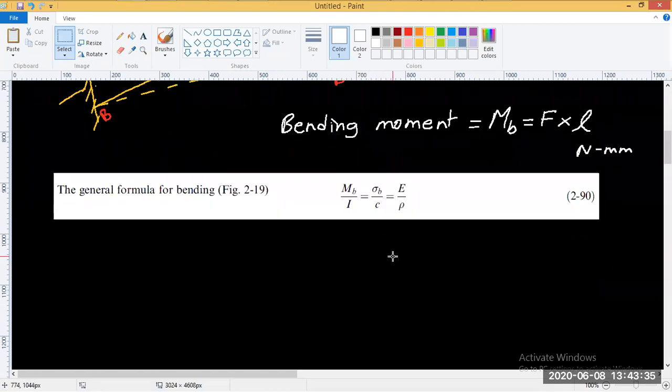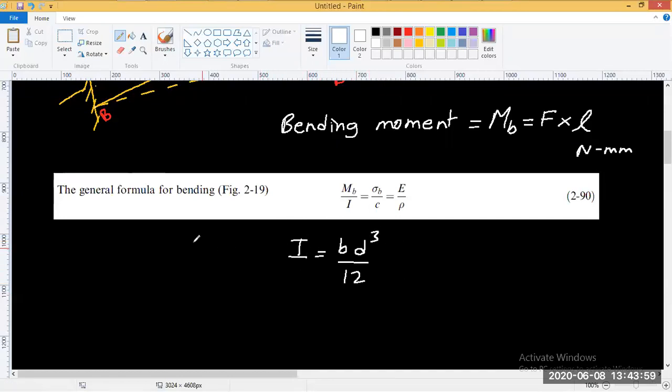So what else is needed? I also need I. Suppose I assume a rectangular cross section, then it will be b d cubed over 12, breadth and depth cubed over 12. These values I'll also tell you how to extract from the data handbook.